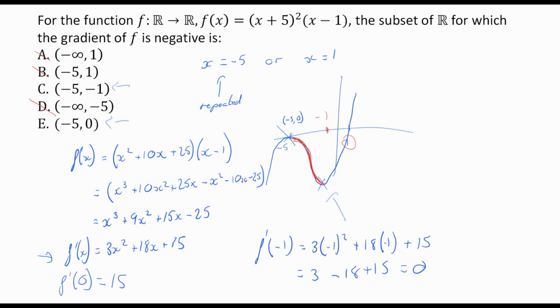Alright, so the x-coordinate of -1 creates a gradient of 0, which means that the coordinate of this turning point is -1 and something. But the something, honestly, is not that important, because that means we can narrow it down and say that the answer is very definitely C.